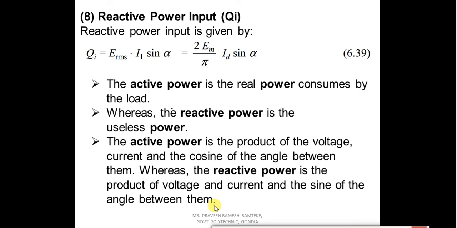So that is all about the parameters of line commutated converters, single phase and two pulse converters. Thank you.